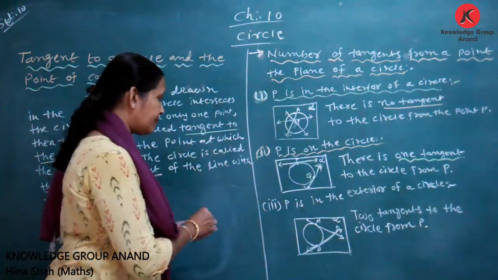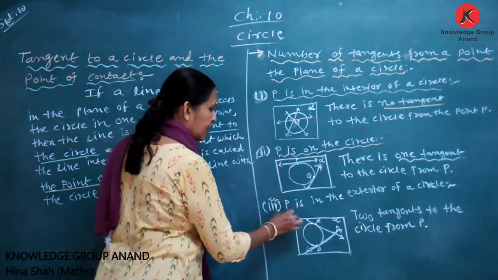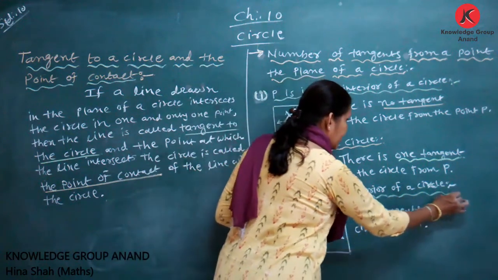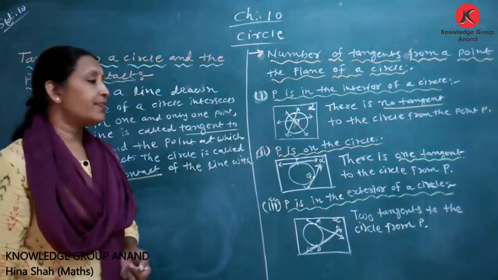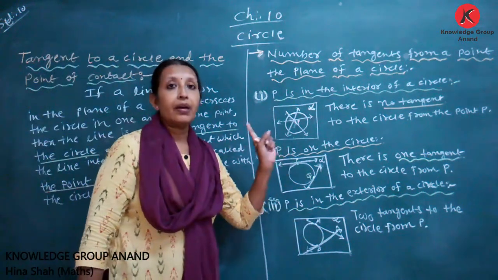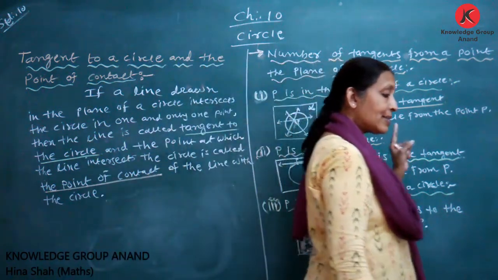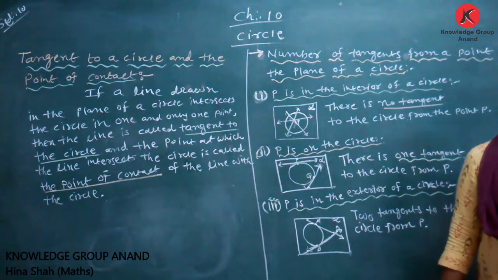And number 3. P is in the exterior of a circle. We know that point P lies in the circle, on the circle, or in the exterior of the circle.